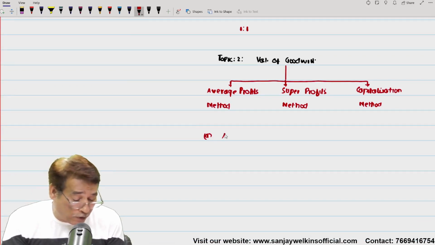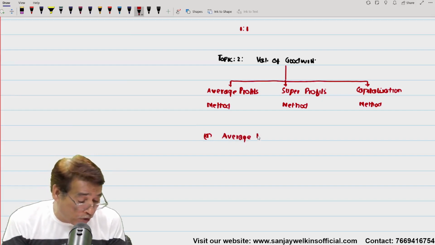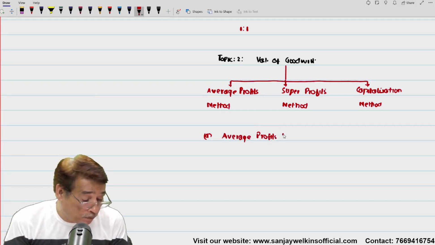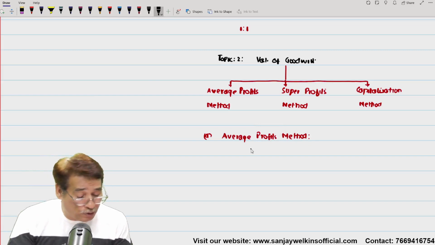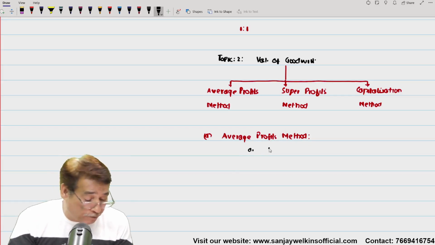Under the average profit method, how to compute the goodwill, each one of you is very well aware of it. In order to compute the goodwill, first of all, you used to take into account the average profits.